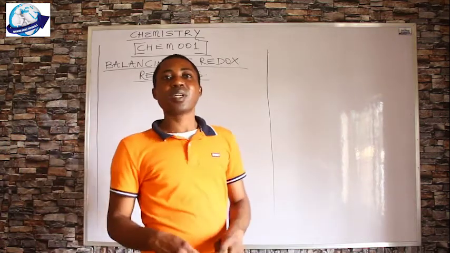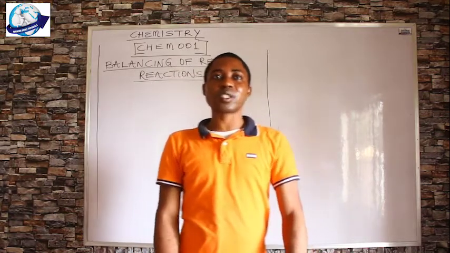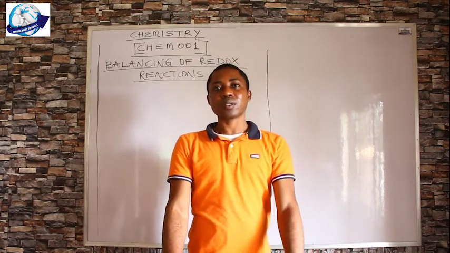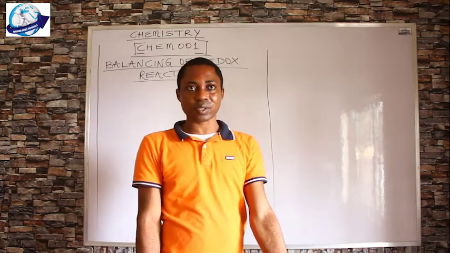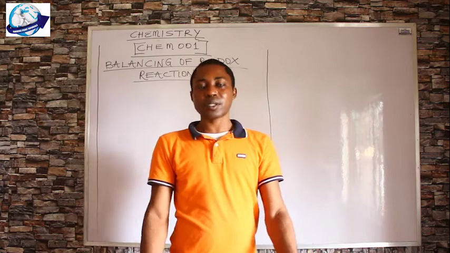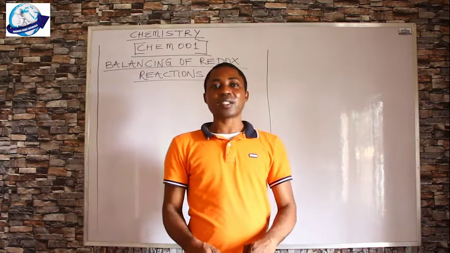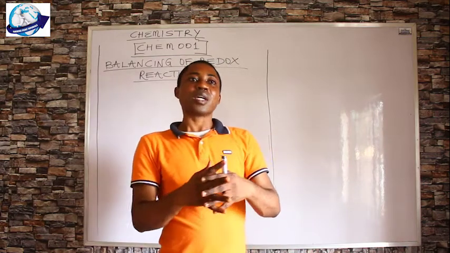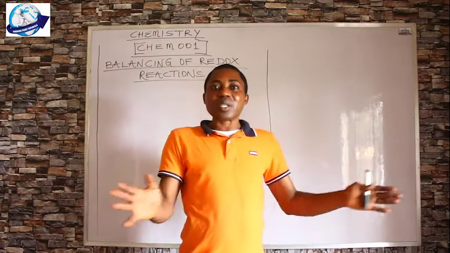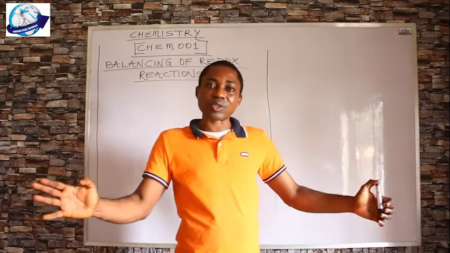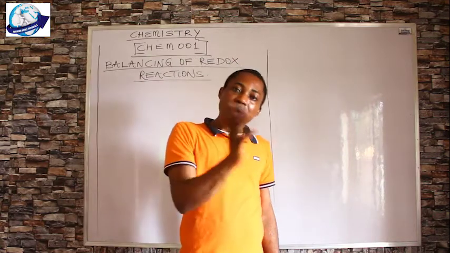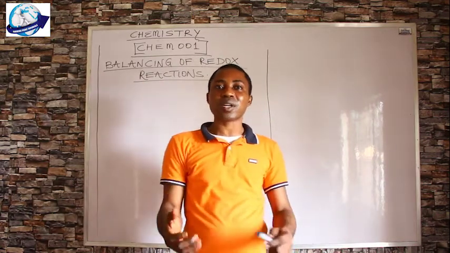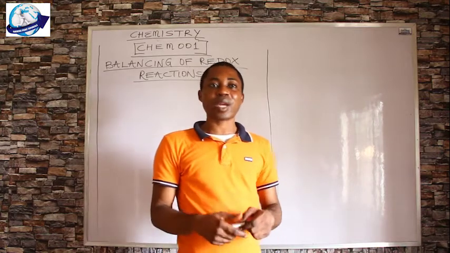Number one, split the equation, or the cell, into two half equations or half cells. Separate them into two different half equations. Then you call one of them the oxidation half reaction, and the other the reduction half reaction.